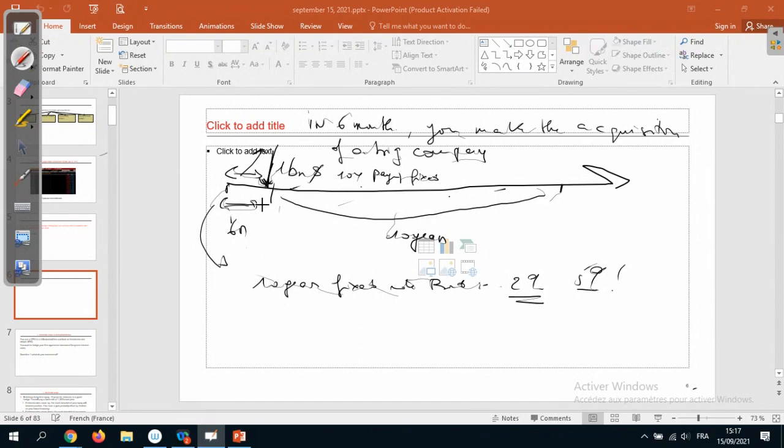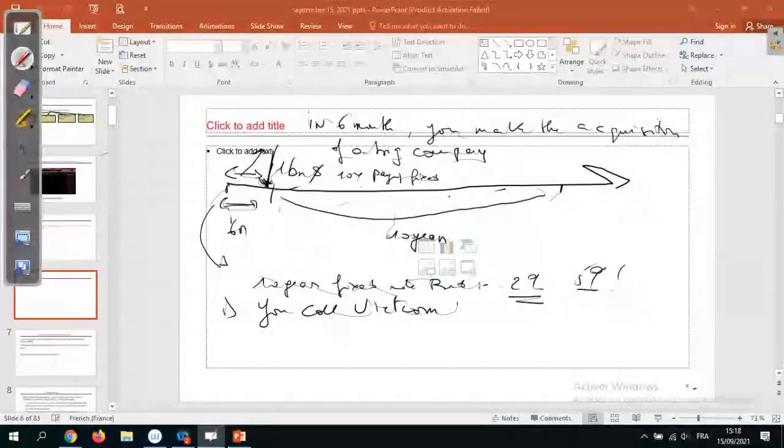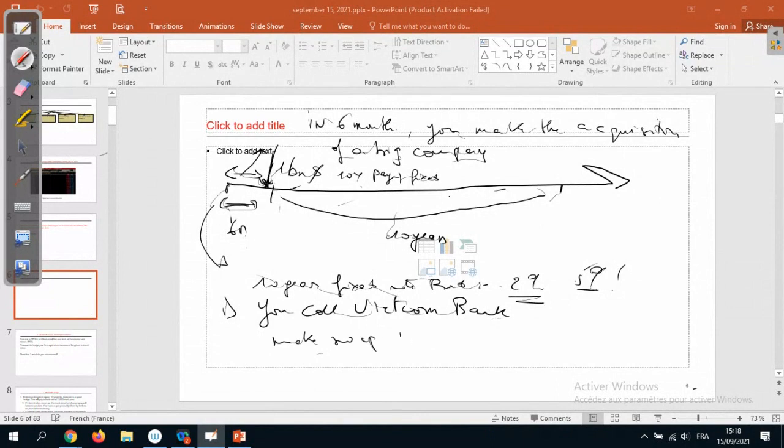Okay, you call Vietcom Bank, very good bank. You call Vietcom Bank and you say, I would like to make a swap, paying fixed, 10 years maturity, 10 years, but starting in 6 months.